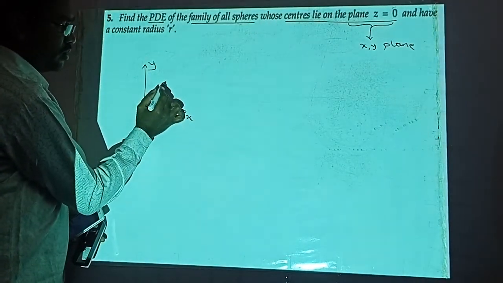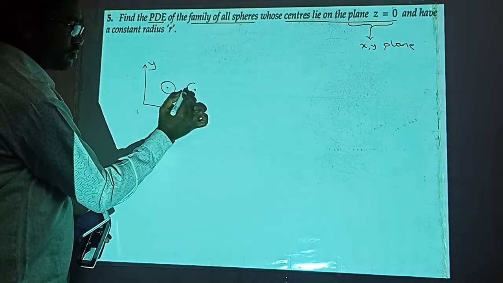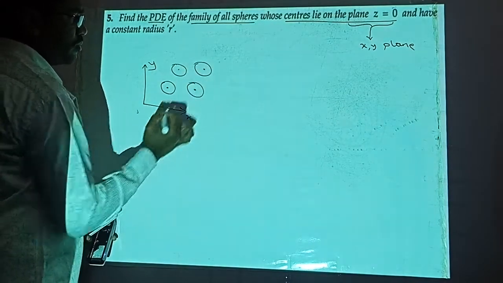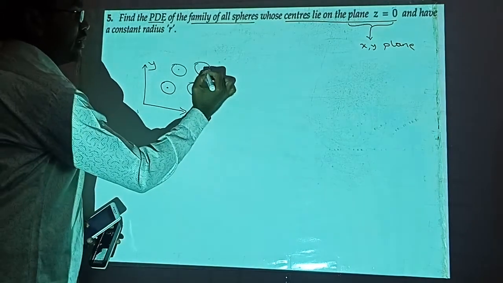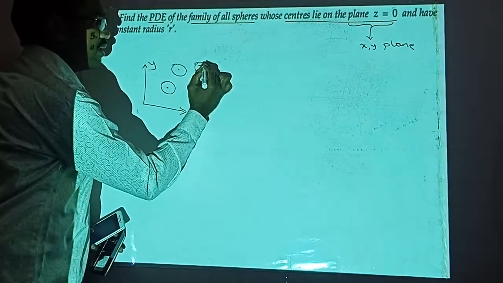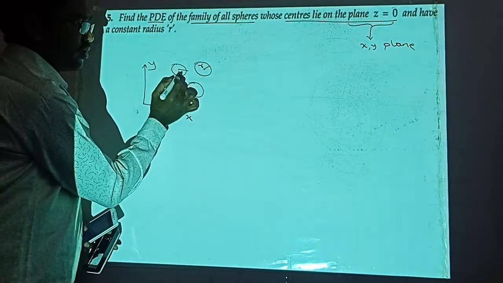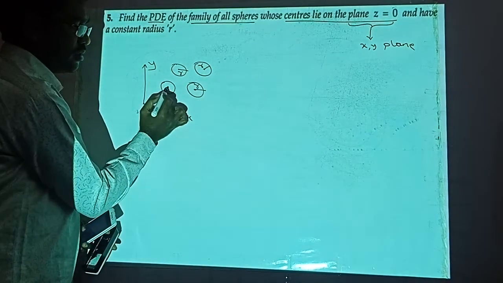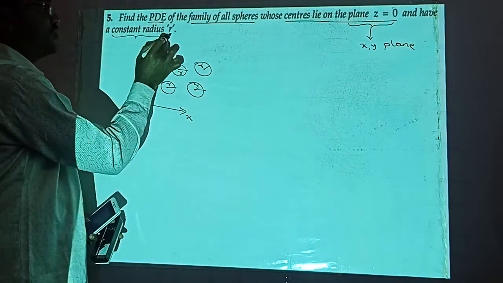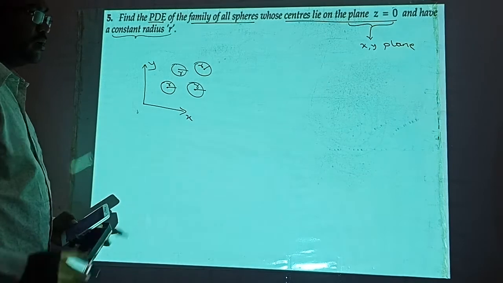So we have spheres of constant radius r. The radius is same for all the spheres. That is what they are saying, constant radius r.